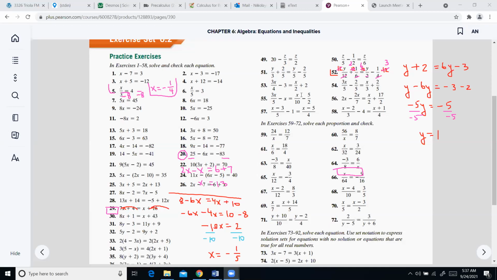57 has another equation in it. 57 has denominators 5 and 4. So I'm wondering, how can I get rid of these 2 denominators 5 and 4? What should my common denominator be? And the answer is, it has to be 20, because 5 and 4 have nothing in common.